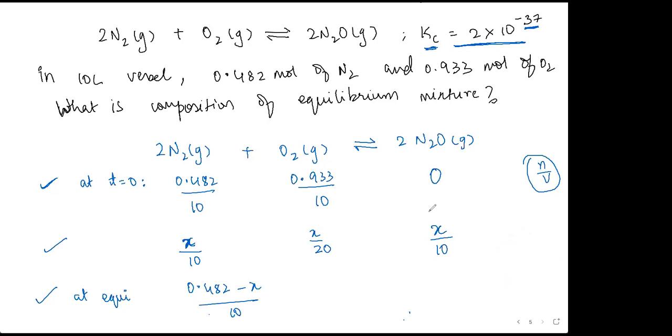So you have your expression. Once you put it in the formula, solve for the unknown values, and then finally plug them in to find the concentration of the equilibrium mixture. So that's another application of Kc.